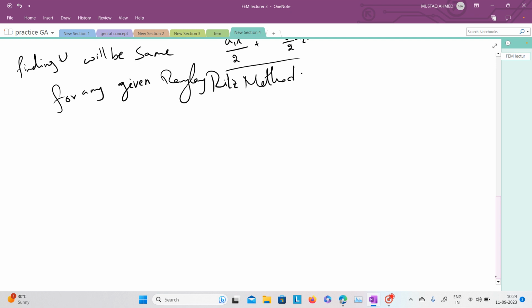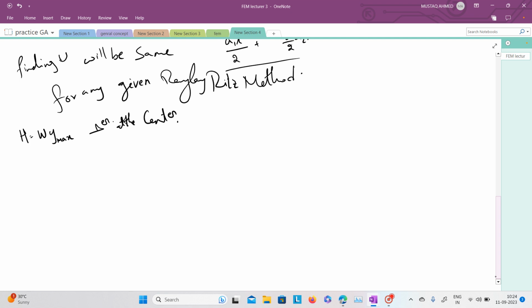Okay, only the change will be in h equals w max for a perpendicular beam at the center, right?